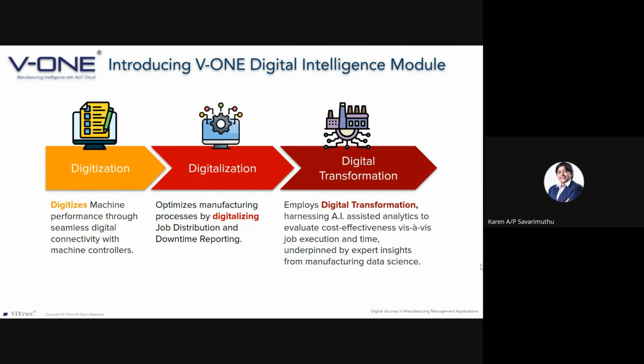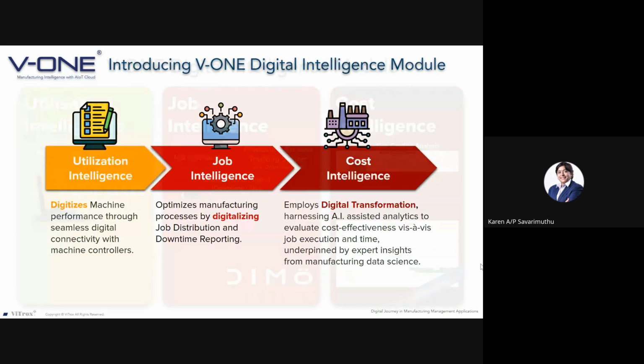So how does this process actually take place? Again, the model that we use is digital intelligence. Yeah, so we will go part by part and understand. Again, remember, we have job intelligence and then we have digital transformation and how exactly it turns into cost intelligence. All right.